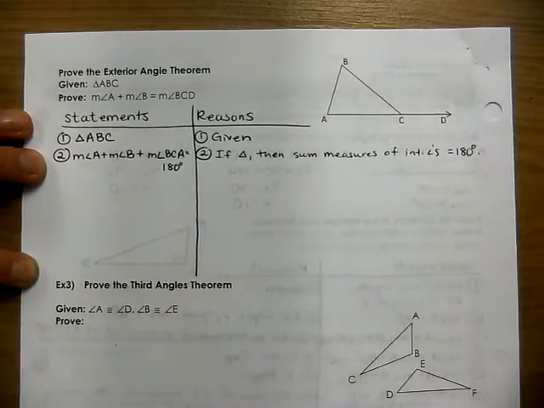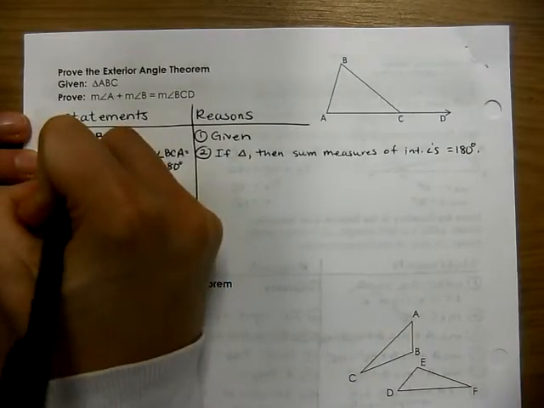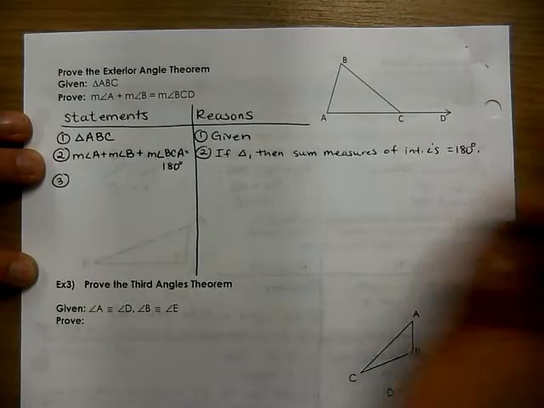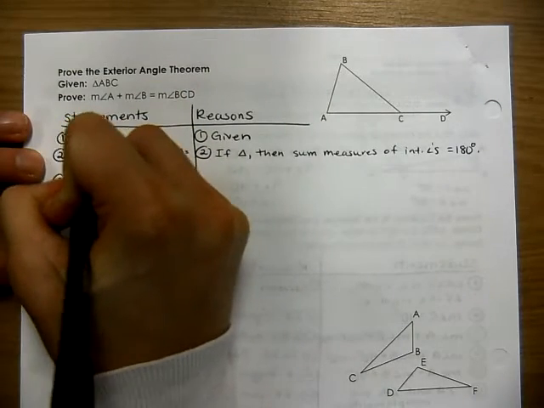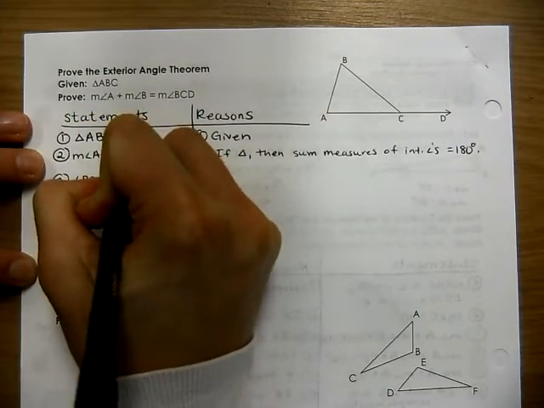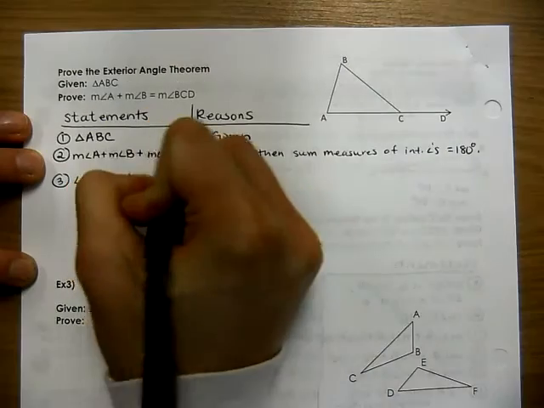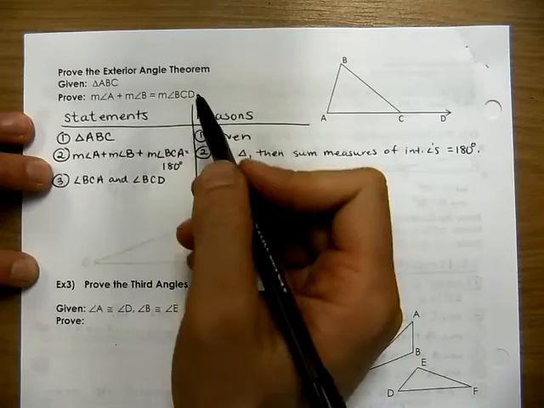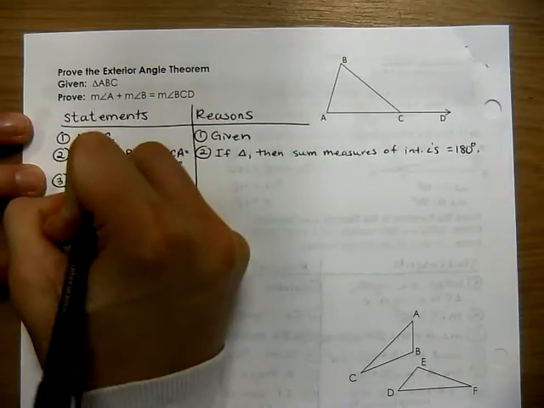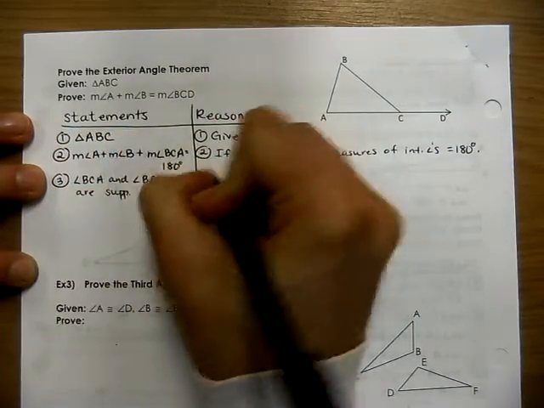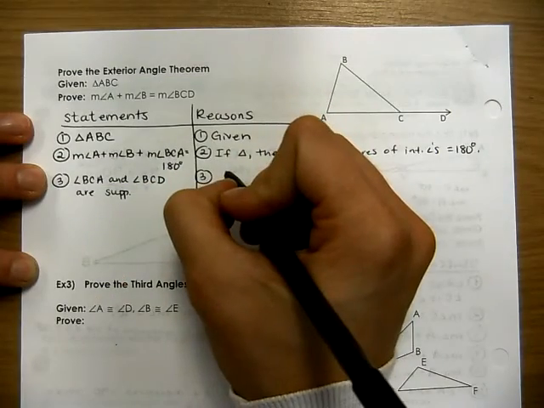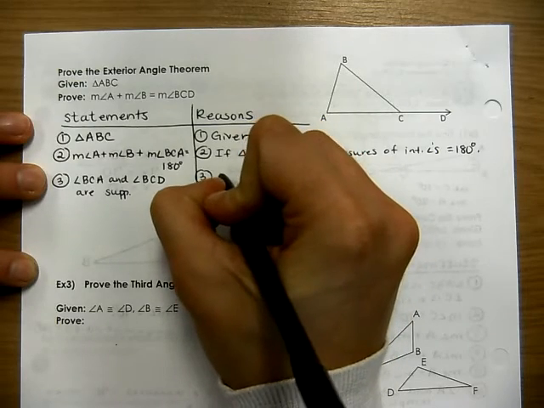equal to 180 degrees. Well, we also said that because these two angles are a linear pair, they must be supplementary. So angle BCA and angle BCD, and I'm going to make sure I use the same order of the letters so that I don't have to use a reflexive property at any point, are supplementary. And this is because, what did we say?